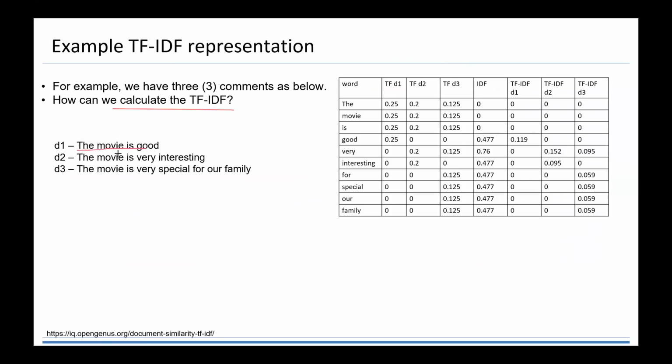The movie is good, the movie is very interesting, and the movie is very special for our family. Then we can calculate the TF, then the IDF, and then the TF-IDF. Let's look at how to calculate this step by step.